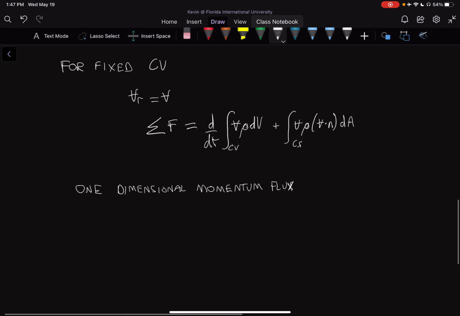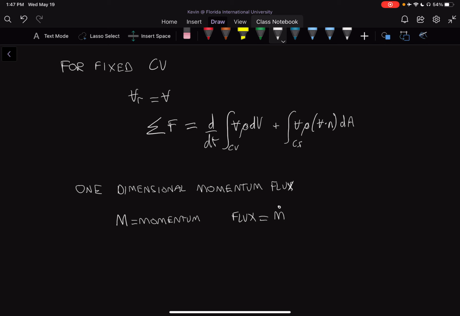So we're going to call momentum capital M, and momentum flux, so the flux of momentum, is just going to be equal to capital M dot. Do not mix it up with mass m dot, okay?